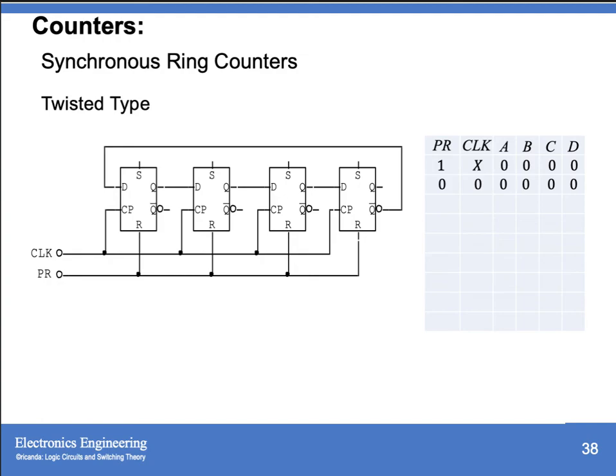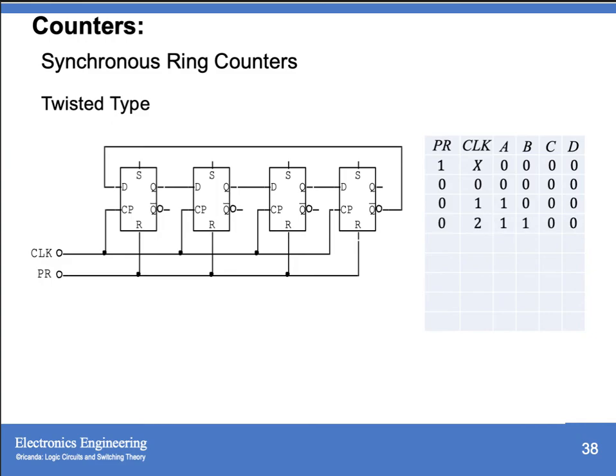But if your clock equals 1, at the time PR is 0, the value of your D, which was 0 before, but your output Q bar is the input of your A. So if your D is 0, Q bar is equal to 1, and this 1 will be your data going to your A. Therefore, A has a value of 1, B is 0, C is 0, and D is 0.